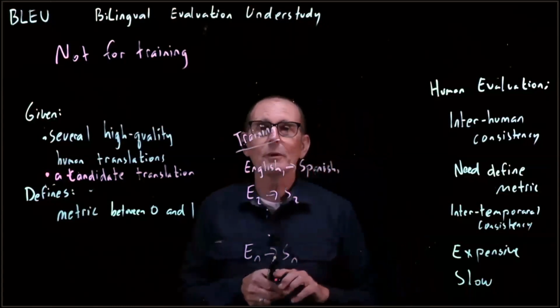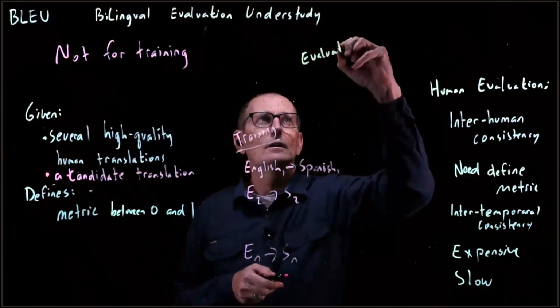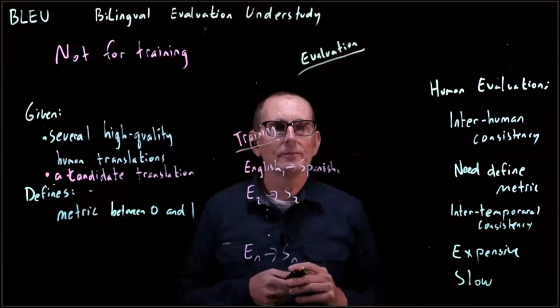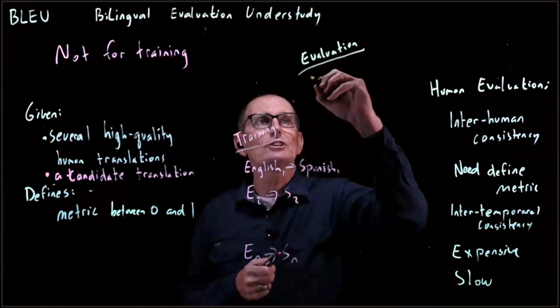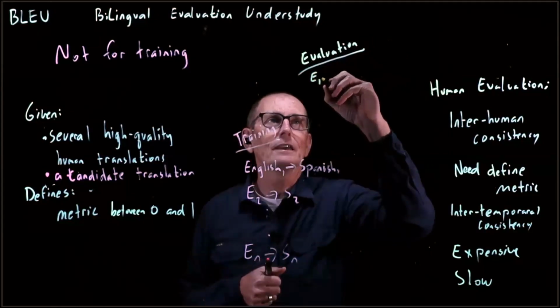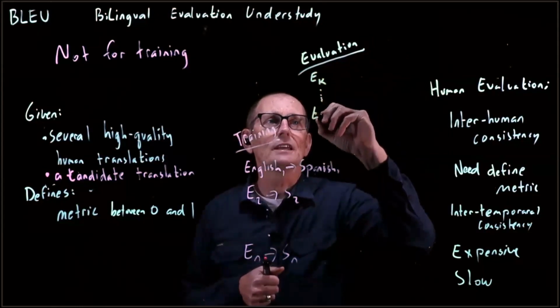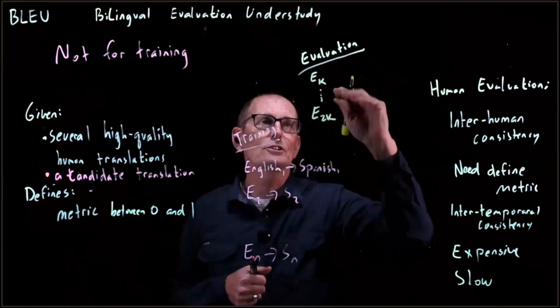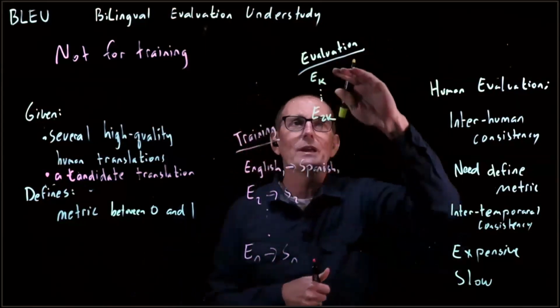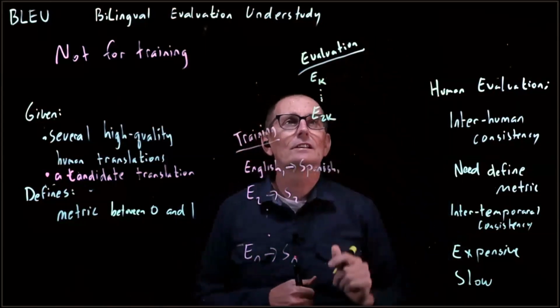When we're doing evaluation, it's going to be somewhat different. Our evaluation is going to have some, let's say, English K down to English 2K. I'm not sure, just some number that's outside this range. So we have some range of English sentences.